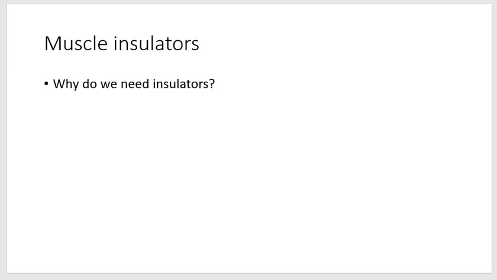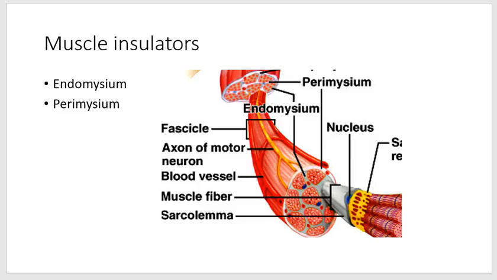Why does your muscle need insulators? Well, if you've taken physiology, you know that there's an electrical signal from a neuron that tells the muscle to contract. With this electrical activity, it's important to keep your cells, groups of cells, and muscles separated from each other. And so we have our insulators that do that.